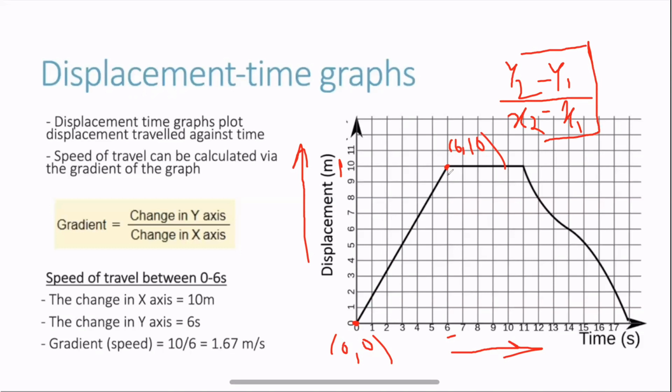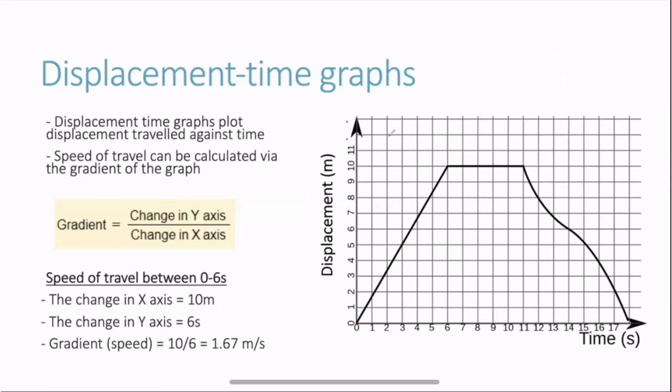Take any point on this line, from 0 to 6 or 0 to 10, whether you take this point or this point, I can guarantee you that the speed you will find is 10 upon 6, which is 1.66 meters per second, as here we have constant velocity.